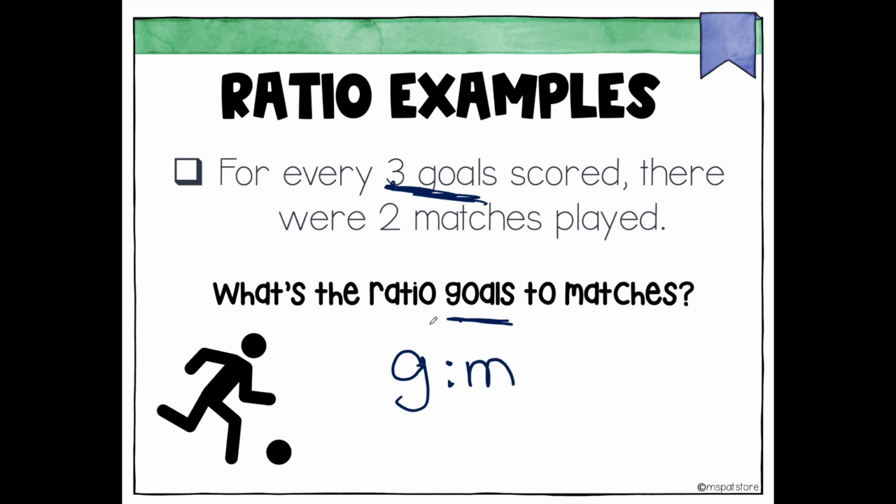So what's the ratio goals to matches? Well, basically 3 goals to 2 matches. So this is the ratio. For every 3 goals, there were 2 matches played.